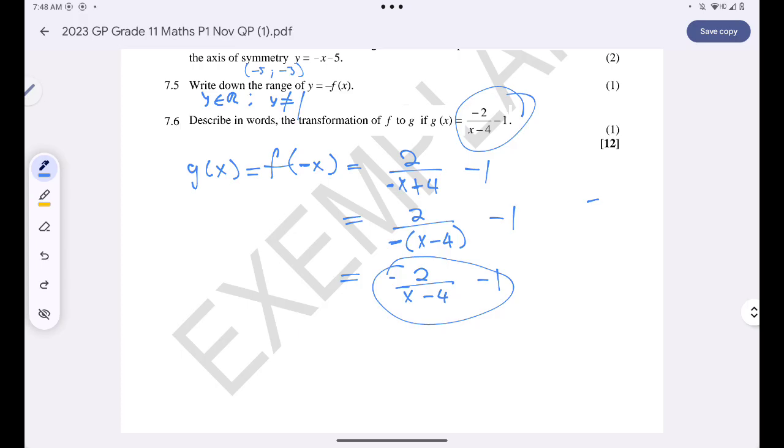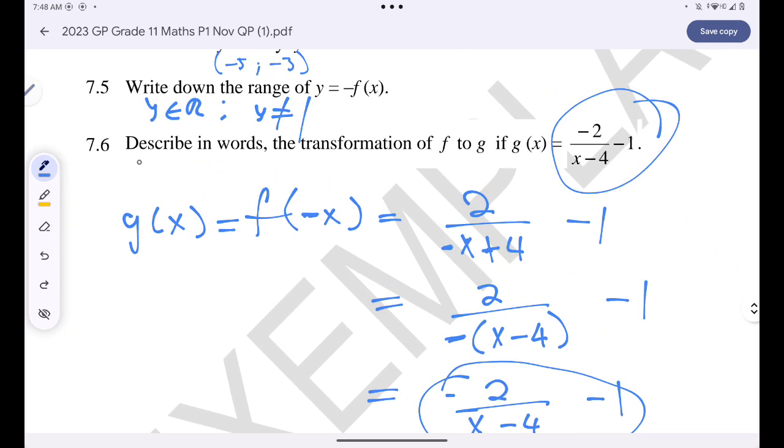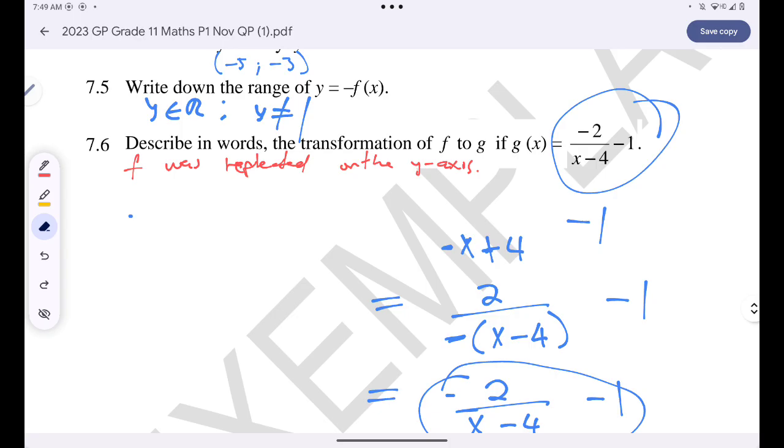So whenever you reflect on the y-axis, please remember that you always change the sign of x. So f was reflected on the y-axis.